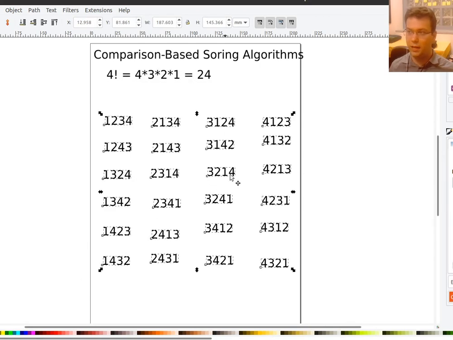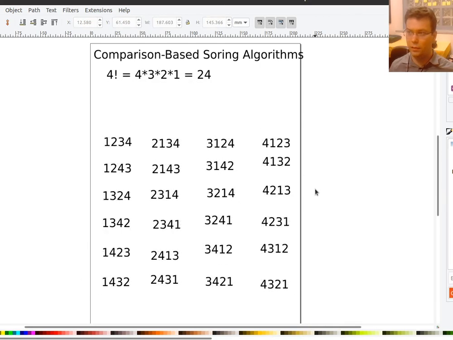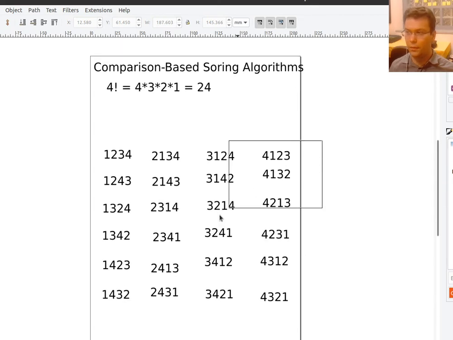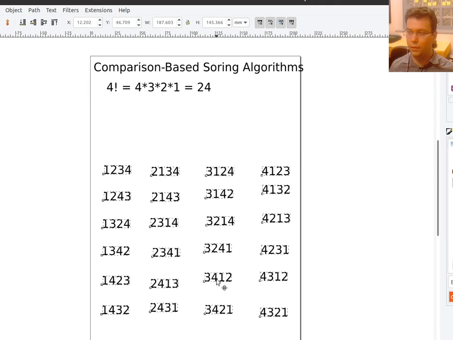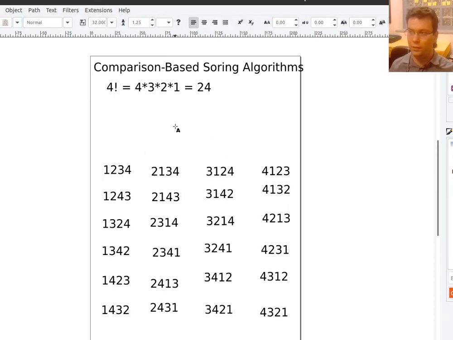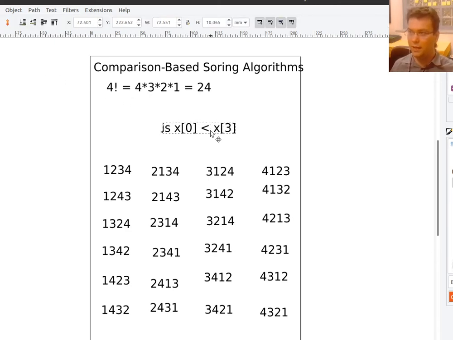And I want to answer yes or no questions about the arrays, just comparing two elements at a time, and based on those questions, I want to try to narrow down the possible permutations. So let me throw some questions out there and we'll see what happens. We'll say, is x at index 0 less than x at index 3? So is the first element less than the last element in the permutation that I happen to have?